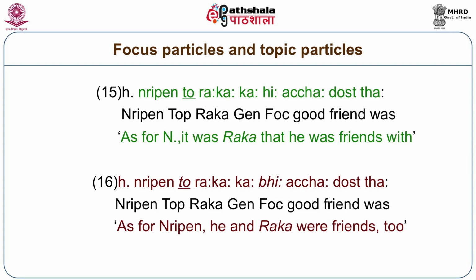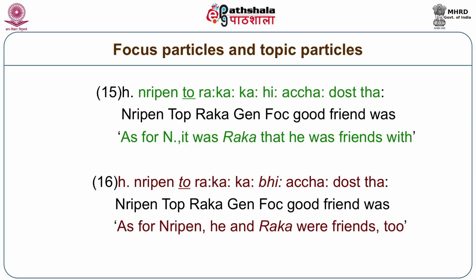Thus, example 15 in the Hindi version, 15H, H for Hindi Urdu, is Nripen to Raka ka hi acha dost tha, meaning as for Nripen, it was Raka that he was friends with. It comes out in Bangla as Nripen ke to Rakai bhalo chinto. As for Nripen, it was Raka who knew him well. In both the Hindi and the Bangla example, Nripen to is the topic, marked by the topic marker to.